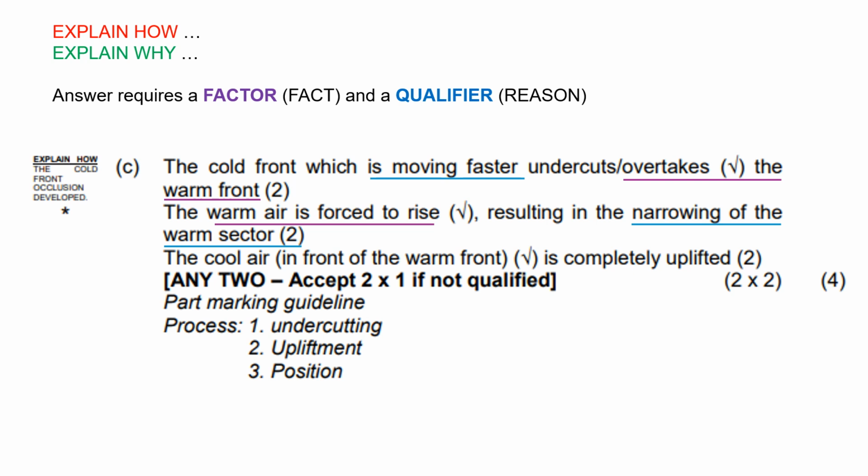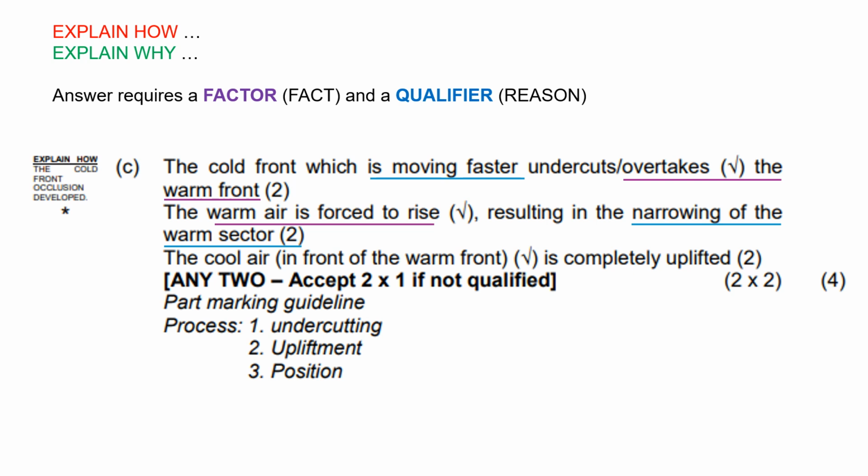So the question in this case is explain how the cold front occlusion developed. The fact here is explaining what the cold front occlusion is and then explaining why each of those things are happening. I've got the factor underlined in purple, and the reason for why you're saying it underlined in blue.